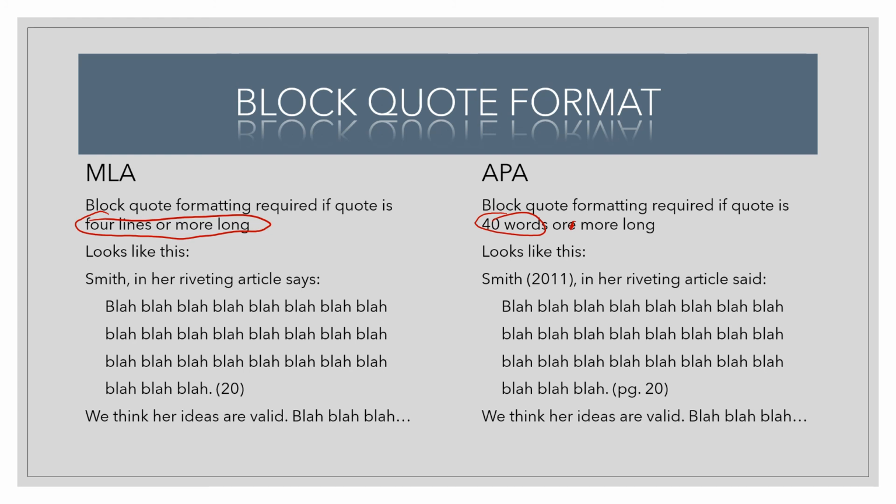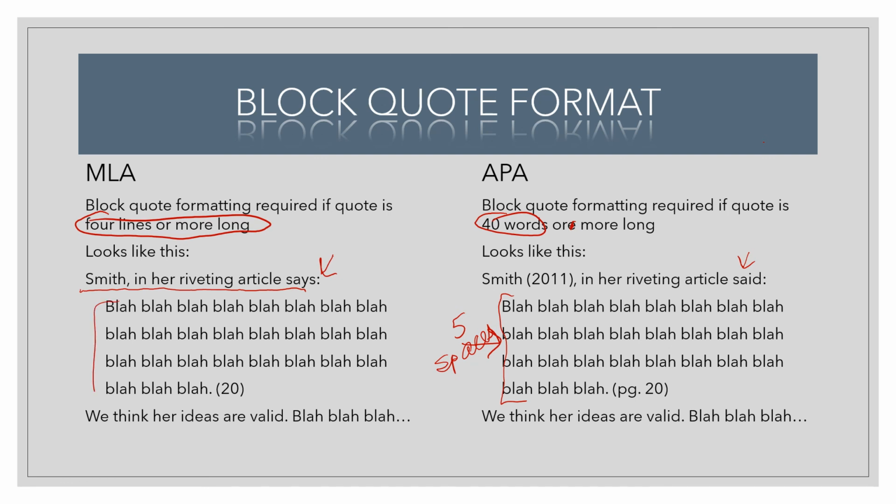So they both look the same. You have your signal phrase. Smith, in her riveting article, says, colon, notice the colon. Smith, 2021, in her riveting article, said, notice past tense. And then you go to the next line, and this whole chunk of text is indented 5 spaces.